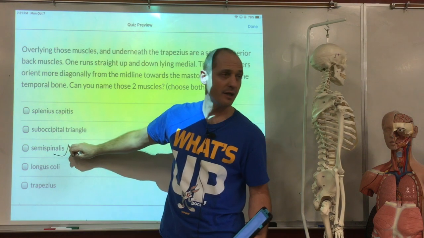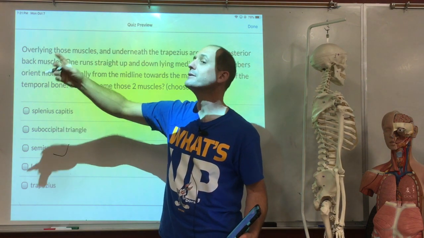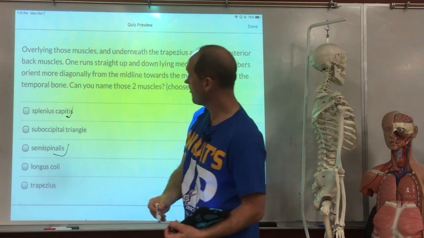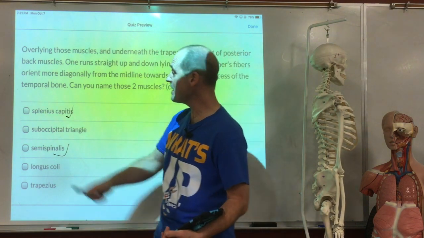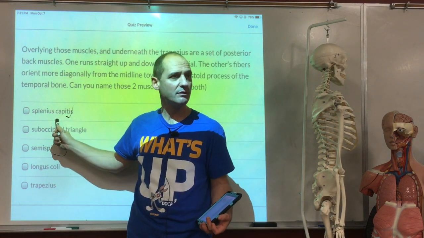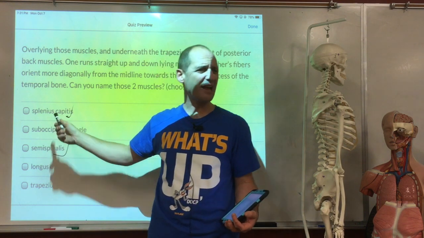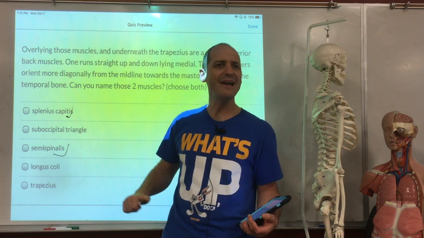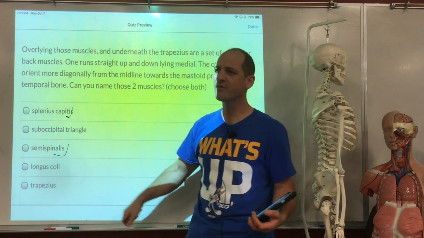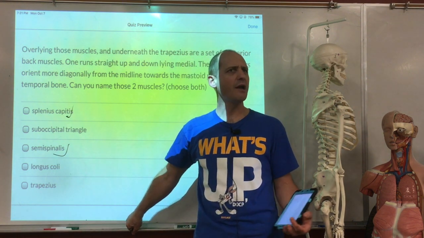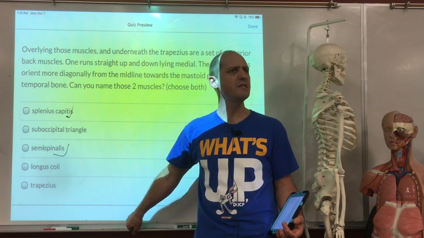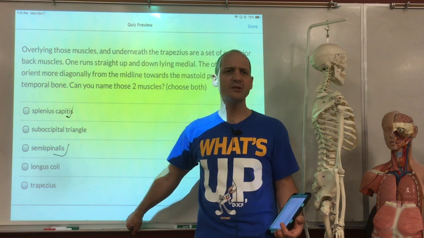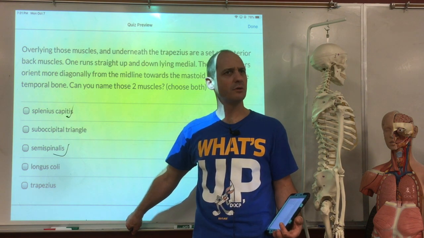Semispinalis and splenius. See, when you see the word capitis, it's like, why do we need to say capitis? Why don't we just say splenius? Sometimes you have gluteus maximus, and then you have another one called gluteus medius. You heard of that? The word maximus only needs to be there to differentiate it from something else.